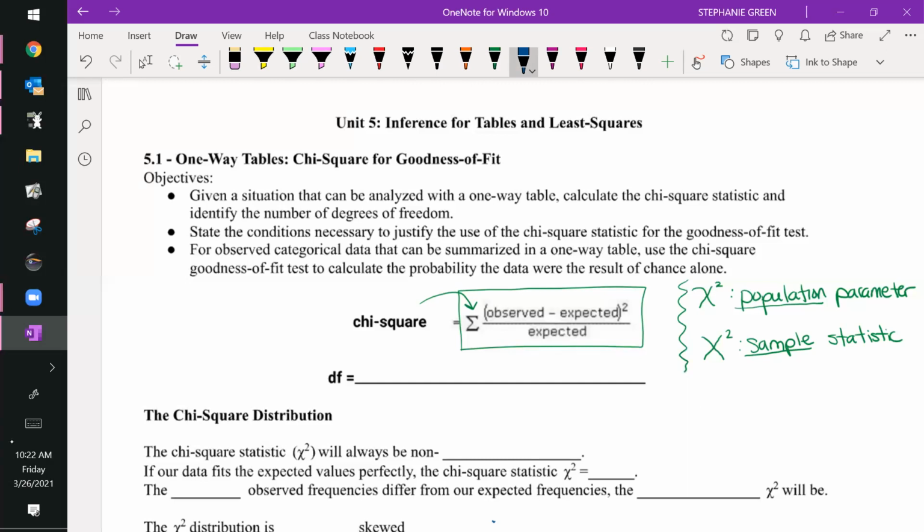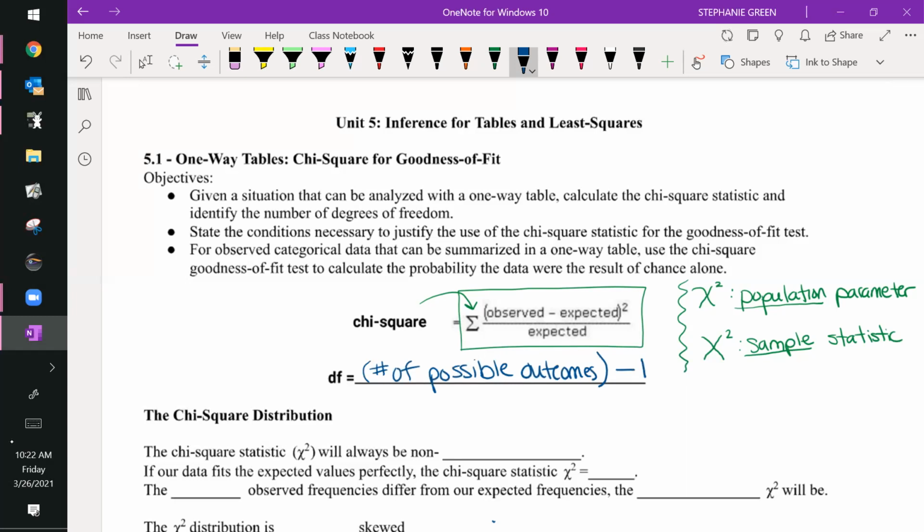Just like with the t-distribution, the chi-square distribution is going to depend a lot on the degrees of freedom, which is still abbreviated with a df. This time, though, the degrees of freedom is determined by the number of possible outcomes minus 1. Previously in the t-distribution, it was the sample size minus 1.